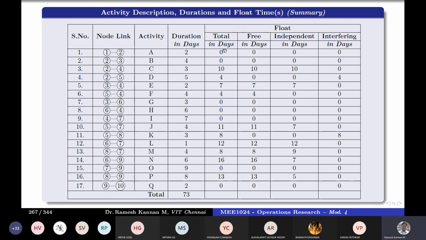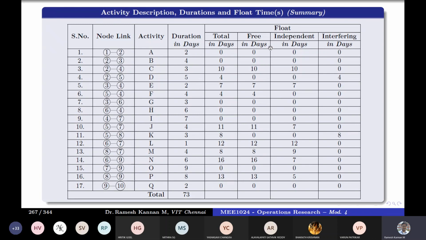Remember, a couple of minutes earlier I told you, critical paths are the ones which have 0 float time or buffer time. So whichever has total float equal to 0, those activities are critical activities, like A, B, and G, H, I, and O, and Q. When you map that, those will be the critical activities.